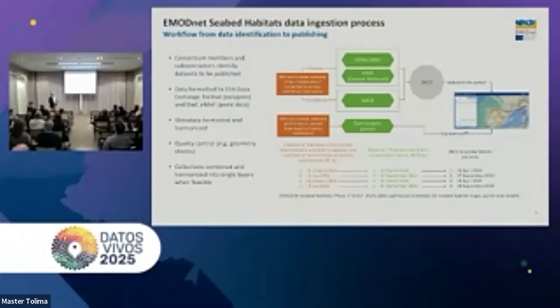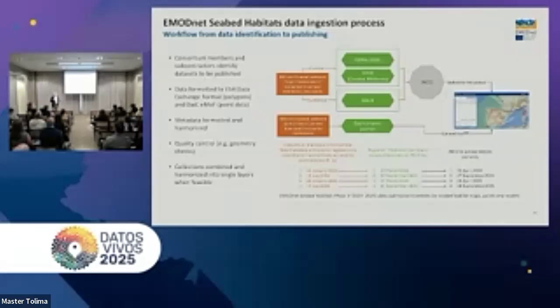The data flows to seabed habitats are a bit different from biology. Habitat data might not often be available through national portals. It mostly works so that our consortium members look for habitat data from different sources, publications, national sources, and then it's brought in depending on the type of the data: the polygon data and the modeled maps, as well as the restricted data, point habitat data.